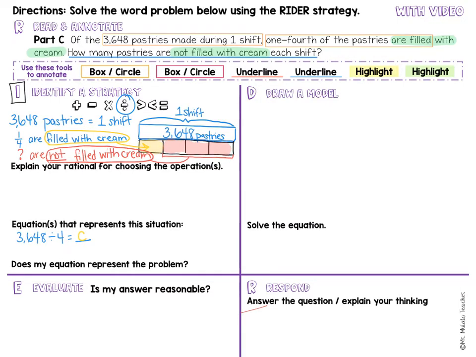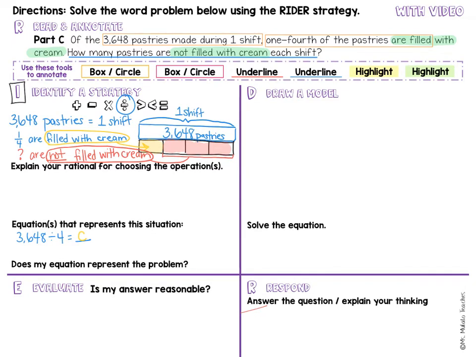Now there's another part to this equation. We have to figure out how many are not filled with cream. So the number that we get as this yellow part is 1/4 of the amount. However, we need to figure out what these 3/4 are of 3,648. So what could we do to find how much these 3 parts represent?